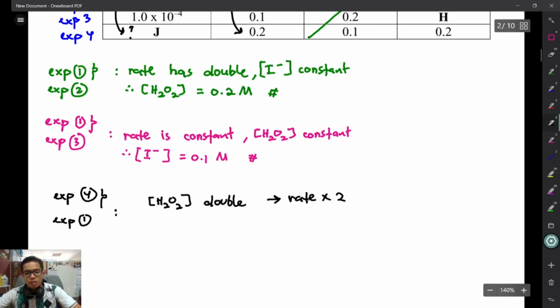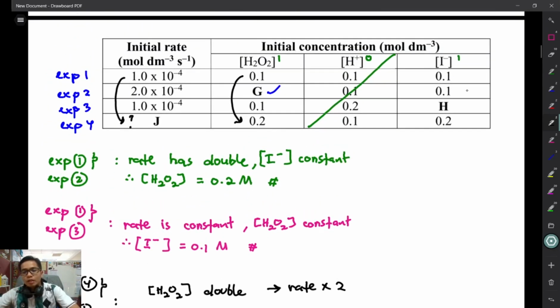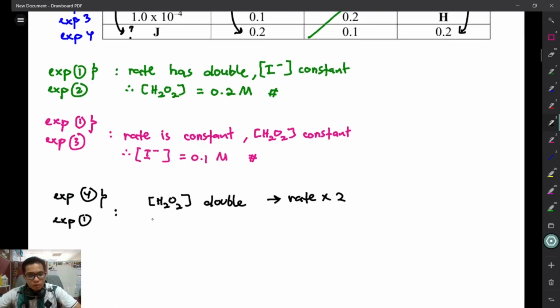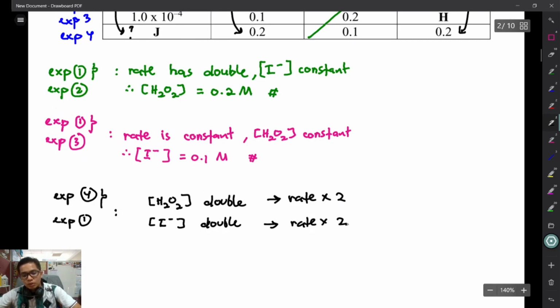Double concentration, rate times 2. And then the concentration of I minus also doubles, meaning the rate will also increase by another factor of 2. So the total factor is 4.